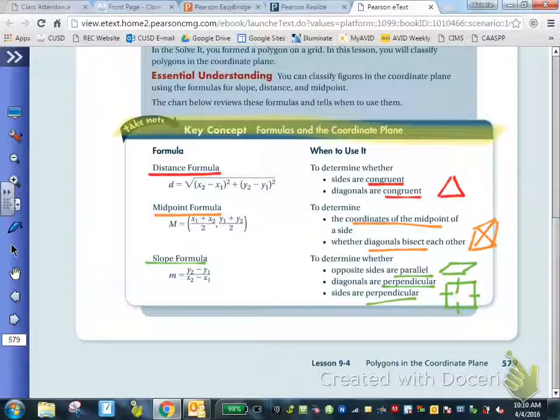But a rhombus also has congruent sides. So what else would we have to do to determine that this is a square? That it has right angles. So you'd have to find the slope of all of the lines and they should be opposite and what? For perpendicular. You guys remember? Reciprocal. So opposite reciprocal. Let's write that underneath.